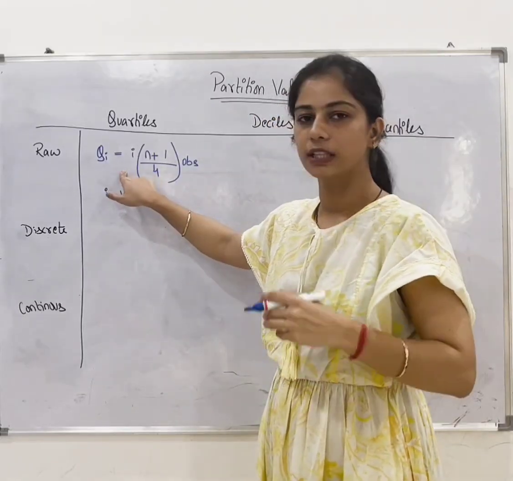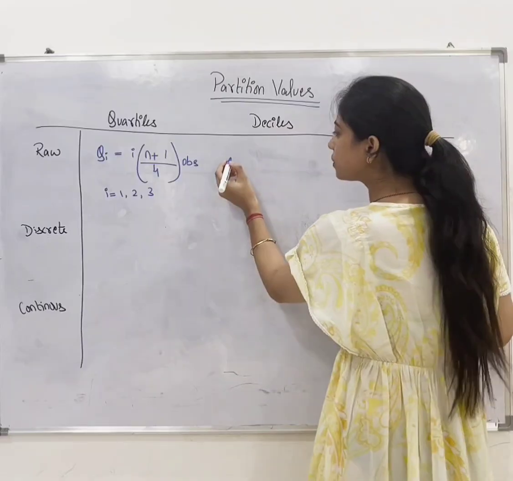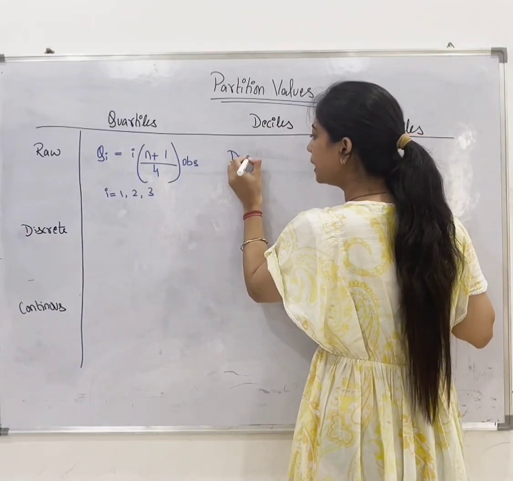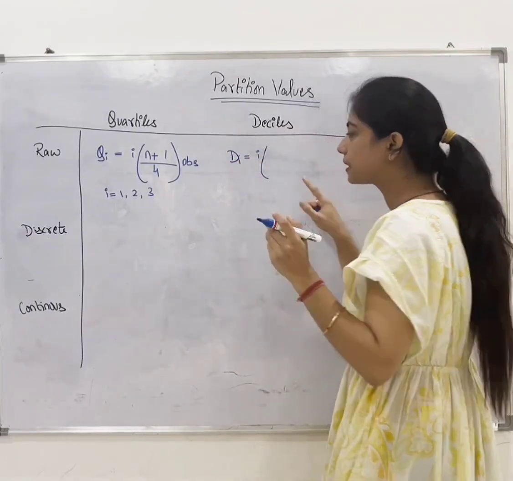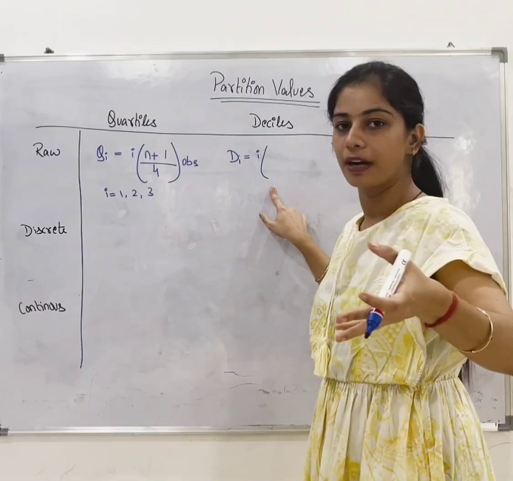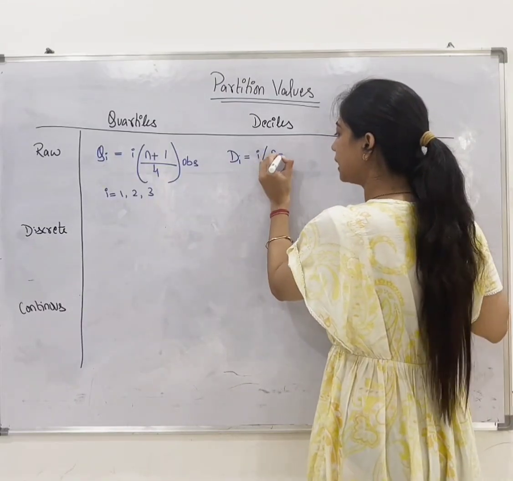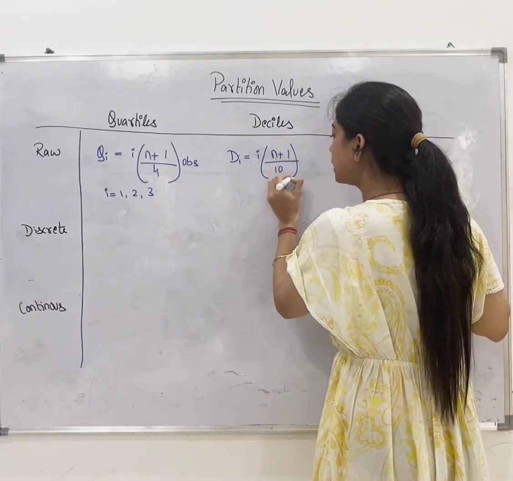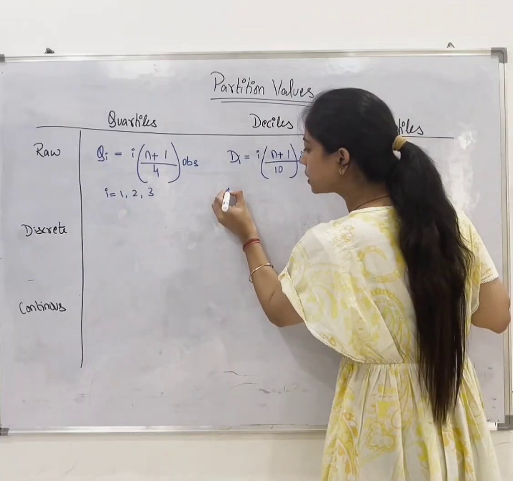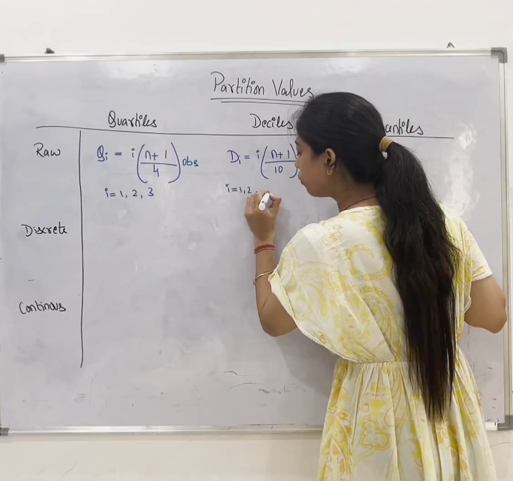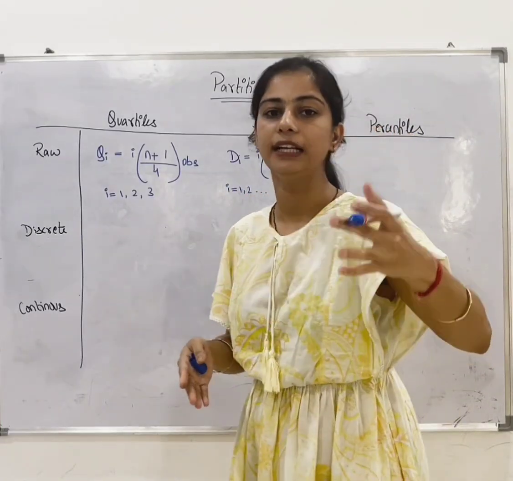So this works in the case of raw data. Coming to deciles, D_i, in the same way, since a decile divides into 10 parts, we will be dividing by 10: i(n+1)/10 observation. I can take the values from 1 to 9 because there are 9 deciles.